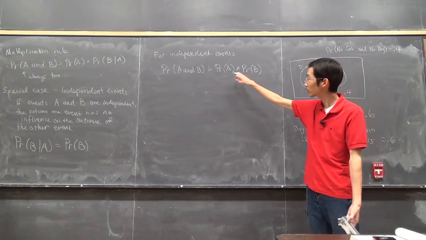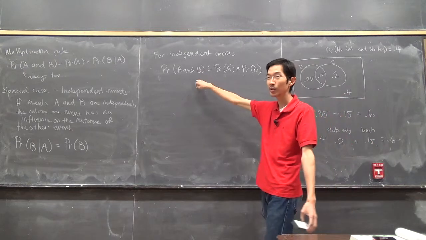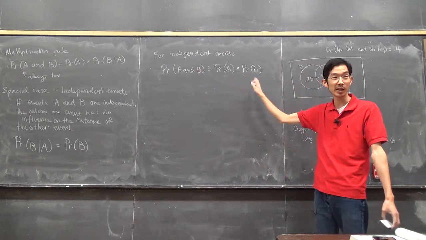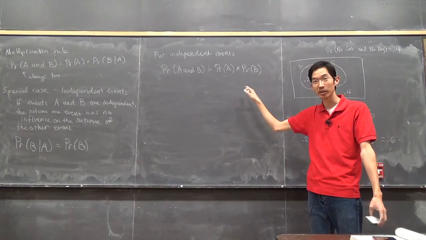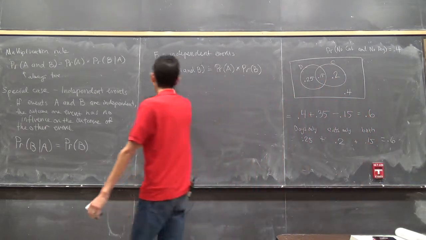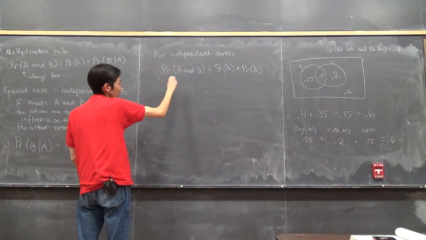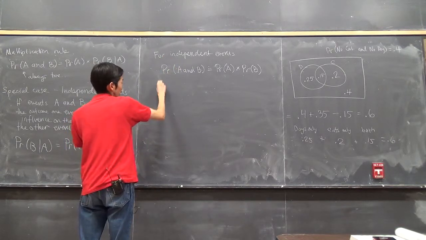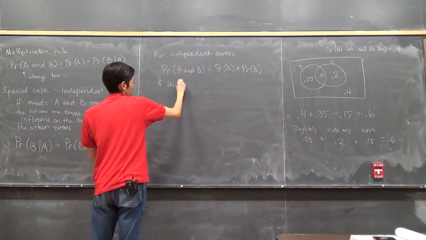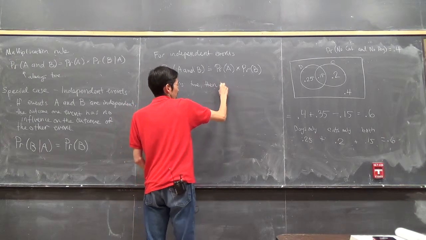So if the probability of A and B is equal to the probability of A times the probability of B, then that means A and B are independent. So if they're independent, this is true, and if this is true, then the events are independent.